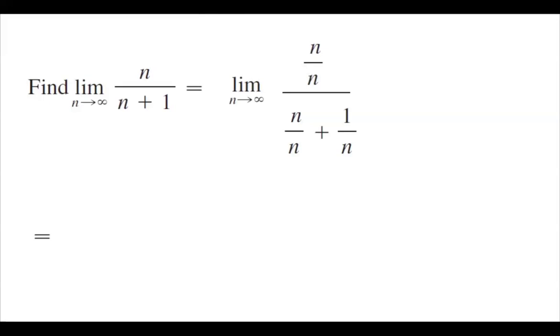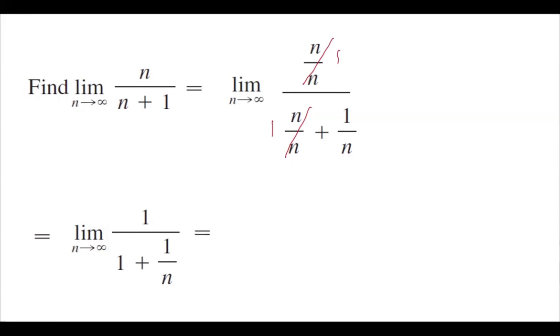Okay, when n goes to infinity, let's simplify this first. If you cancel out n and n on the numerator, you get 1. n and n on the denominator, you get 1. So this is just 1, and you end up with 1 over n.